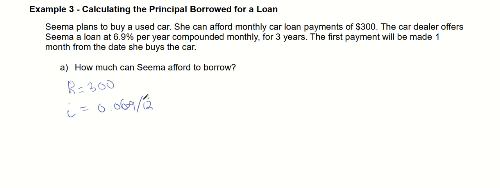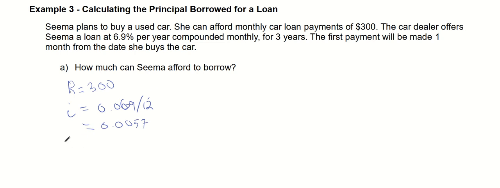So interest per month. Let me see what that is. That would be 0.0057.